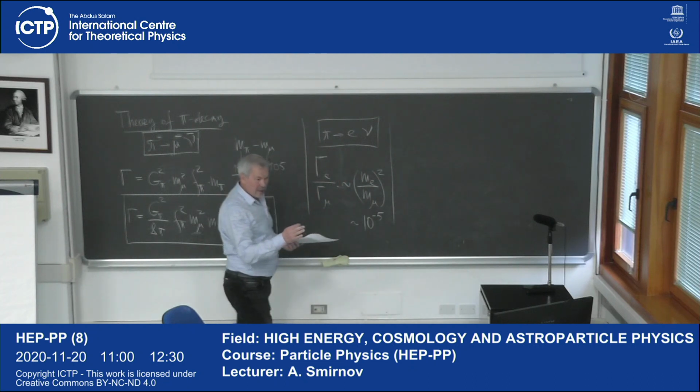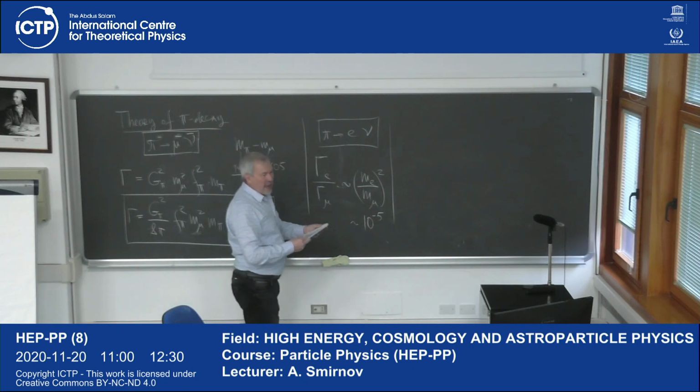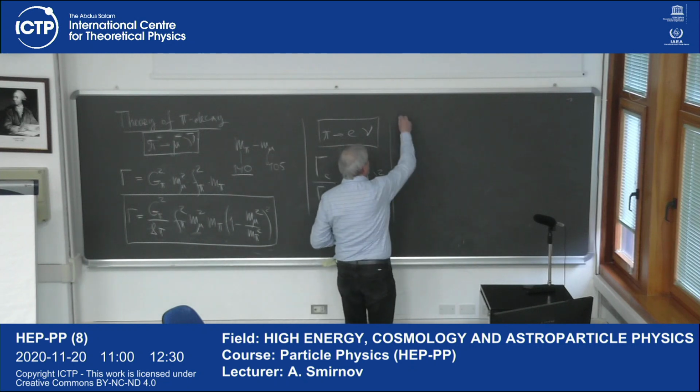Remember how it appeared, because we have a hadronic matrix element which is proportional to the momentum of the charged lepton. And then we used the Dirac equation, and that led to the appearance of the masses. Actually, this result can be obtained by just considering the angular momentum conservation.